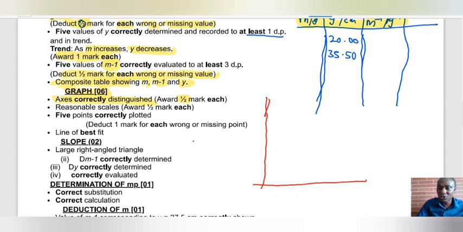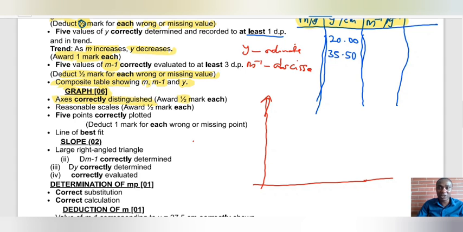I'll just use this as an instance. Let's say we are asked to plot Y on the vertical axis, as the ordinate, and M inverse as the abscissa, that is on the horizontal axis.